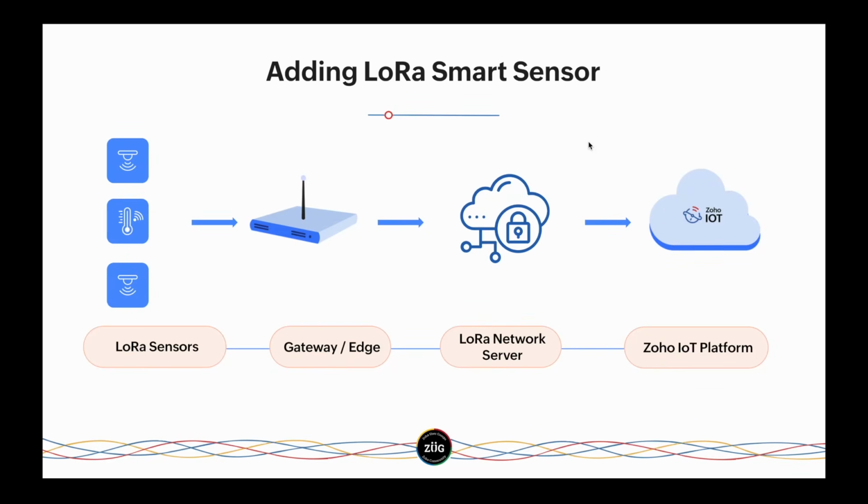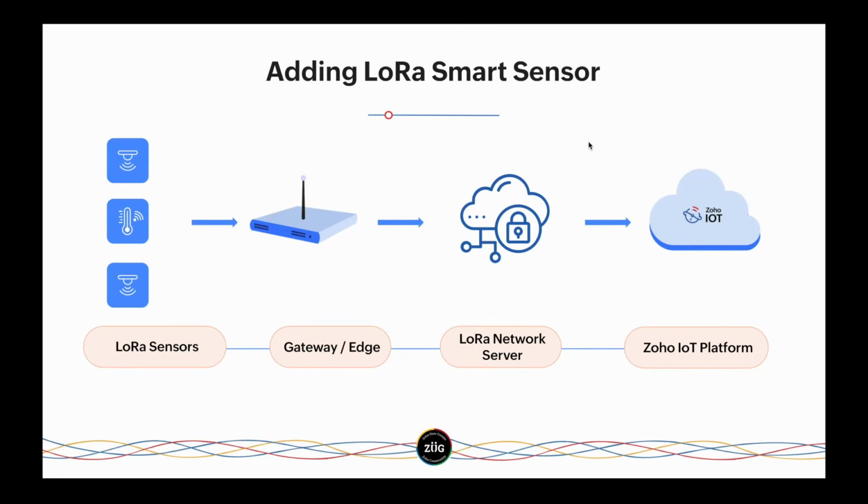There is no one-to-one mapping required in this particular technology. Any LoRa node can broadcast the message, and the gateway can receive that and relay this message to the LoRa network server. So the gateway will be configured with the LoRa network server to which it has to propagate.